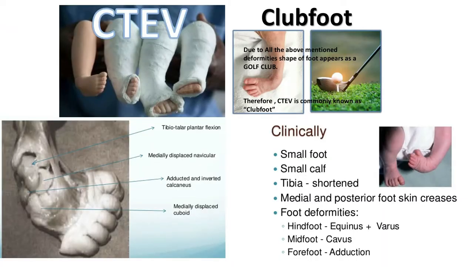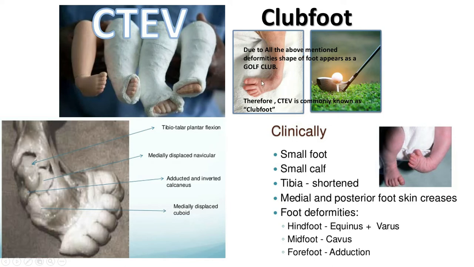Congenital talipes equinovarus deformity is the most common congenital anomaly or per se deformity of the foot in our daily OPD practice during our pediatric orthopedics patients. Now, clubfoot is another name of congenital talipes equinovarus deformity.